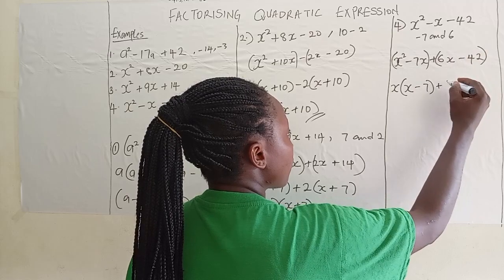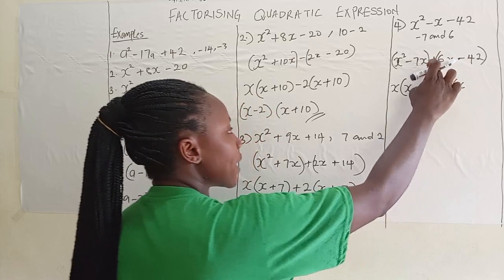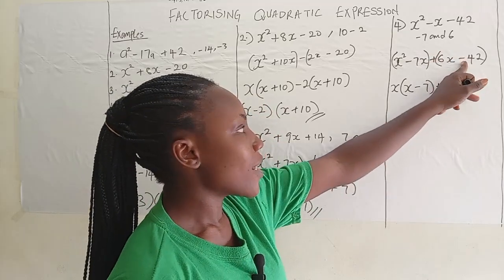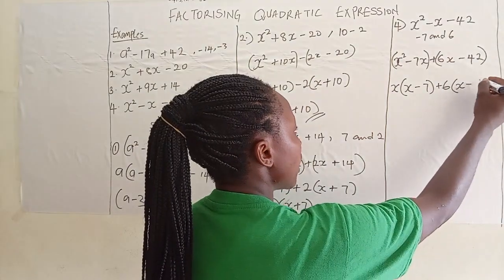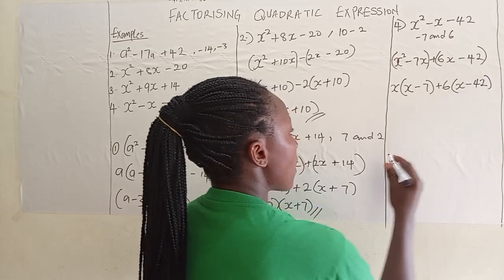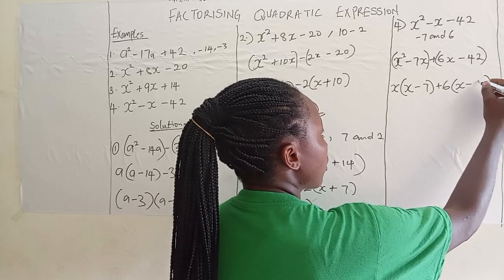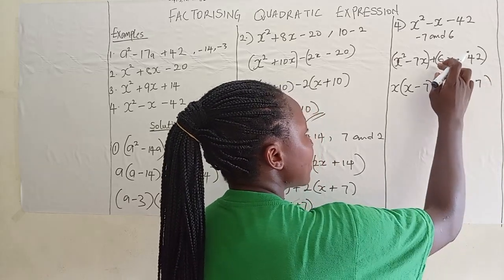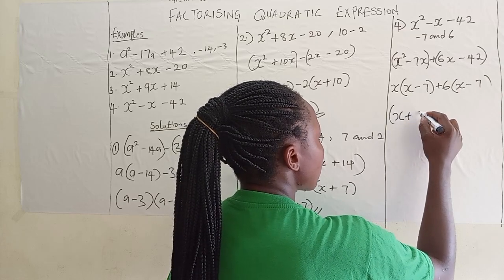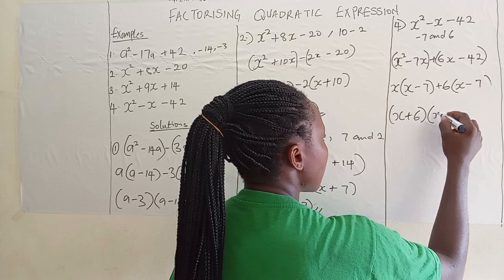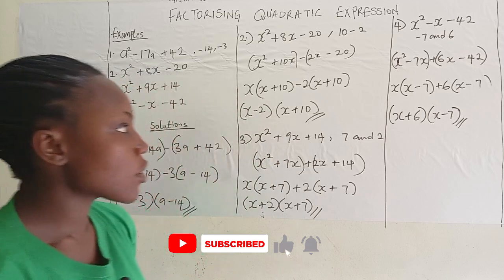Plus the factor here is 6, with x remaining here. Here is going to be minus 7 because we are dividing it. So we are going to have x plus 6 and x minus 7. So this is all we have.